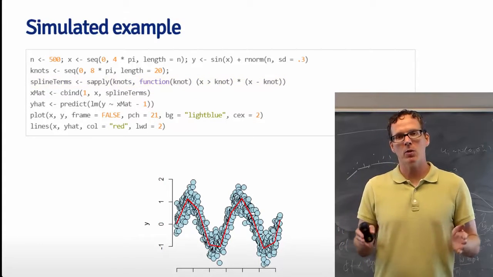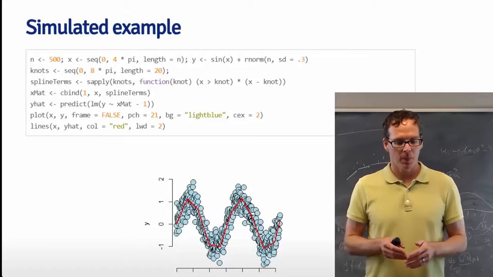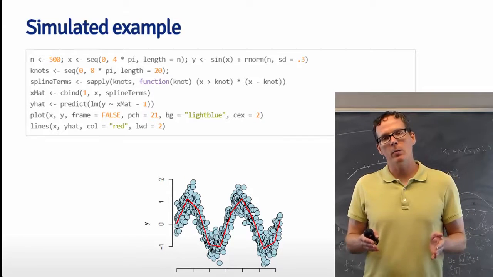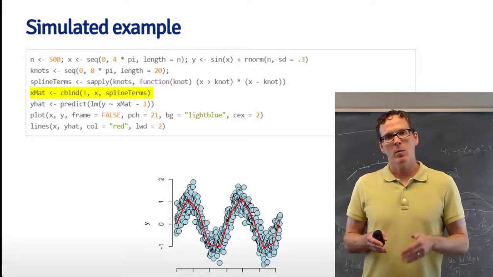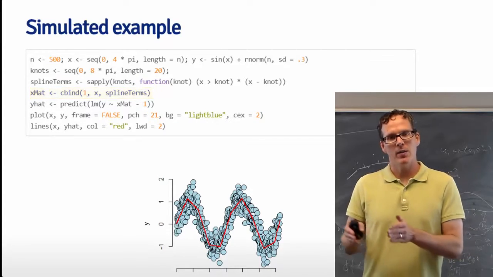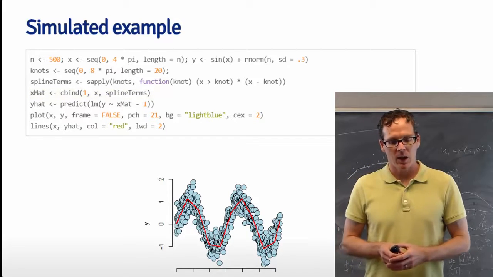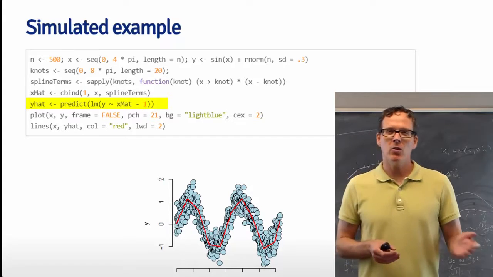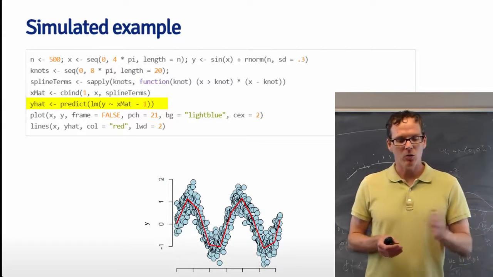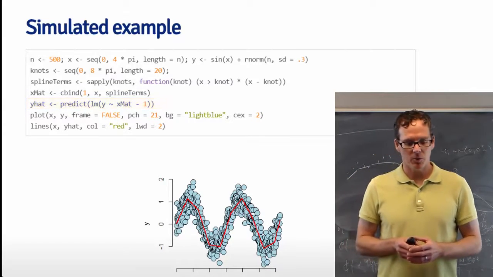Now I have a matrix of these knot terms, and I create my x matrix by adding an intercept term, that's just a constant, my slope coefficient term, which is just x by itself, and then these spline terms. Then I just fit a linear model, y on this collection of predictors. I took out the intercept because I included the intercept in my x matrix.